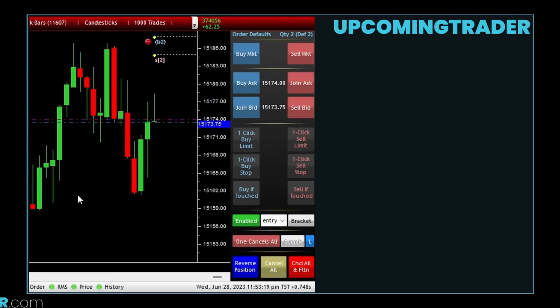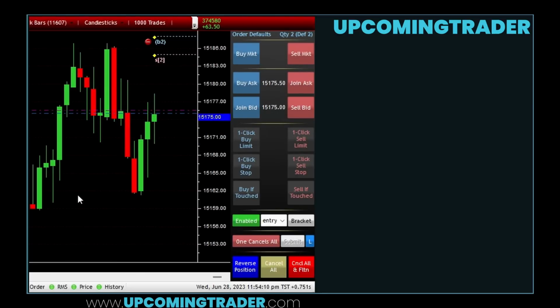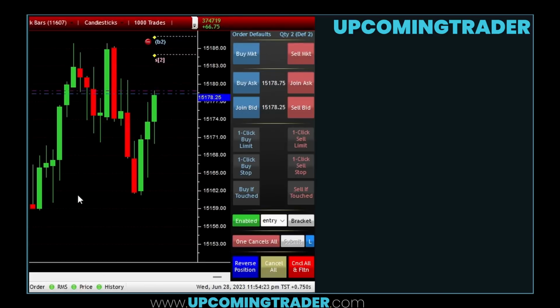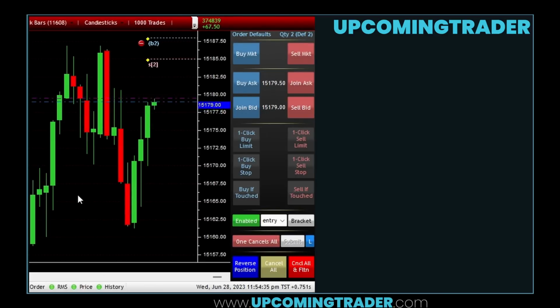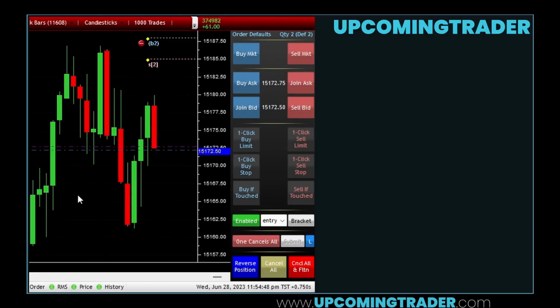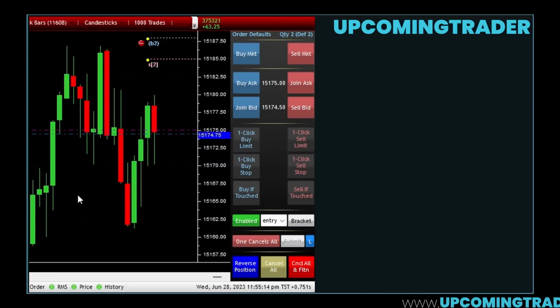Downward price movements in the price action occur when the volume of contracts supplied by aggressive sellers outnumbers those demanded by passive buyers. Aggressive sellers are market participants who are eager to sell their Nasdaq E-mini futures contracts immediately, even at a potentially lower price. They place market orders which are executed at the best available price, regardless of how low that may be.